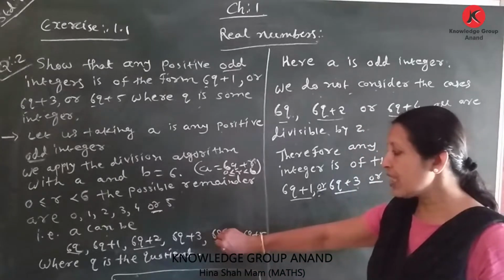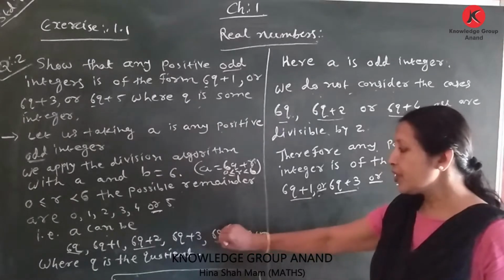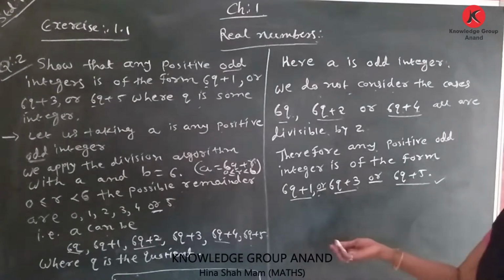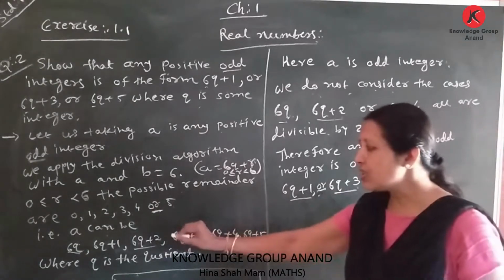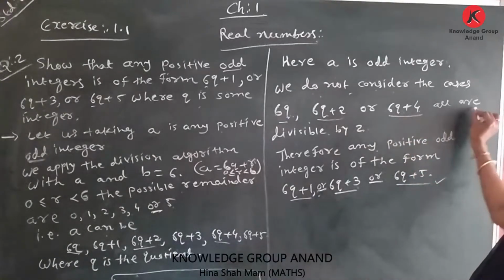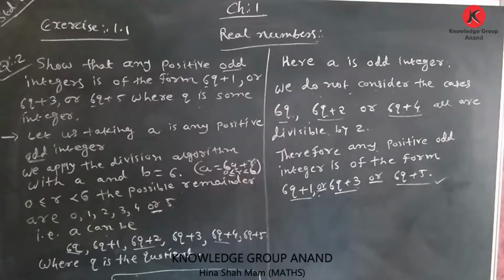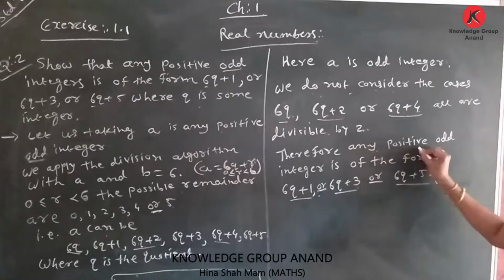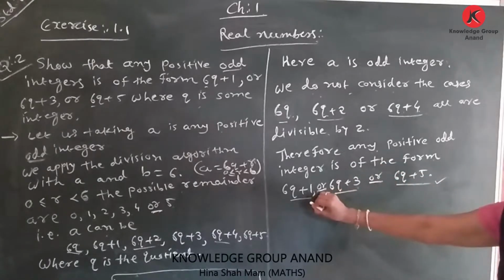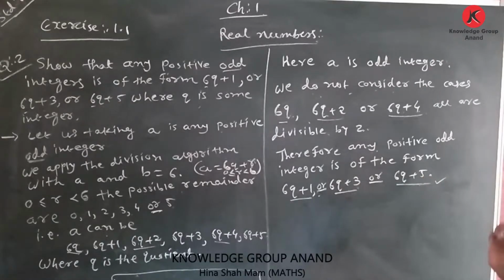Here we put 7, 6 sevens are 42 plus 4, which is 46, an even number. Any number we put in 6q, 6q plus 2 and 6q plus 4, all are divisible by 2. Therefore, any positive odd integer is of the form 6q plus 1, 6q plus 3, or 6q plus 5.